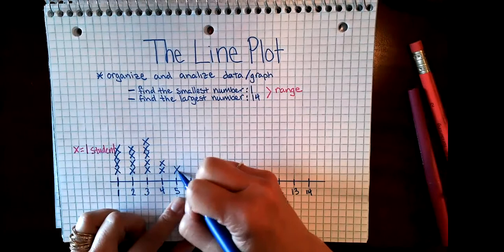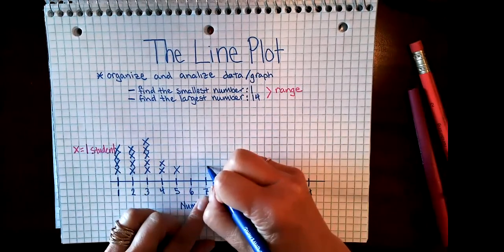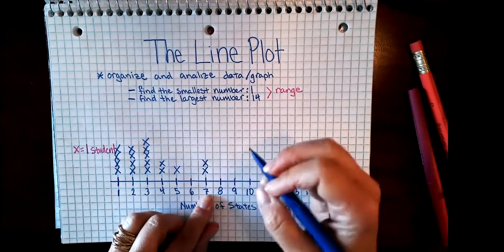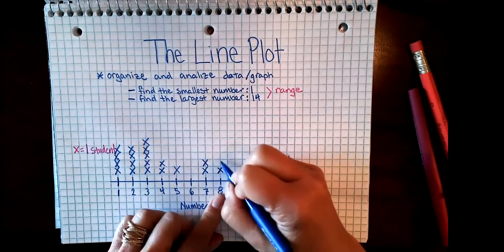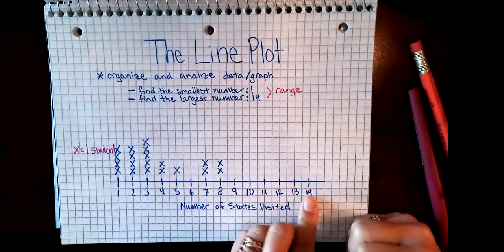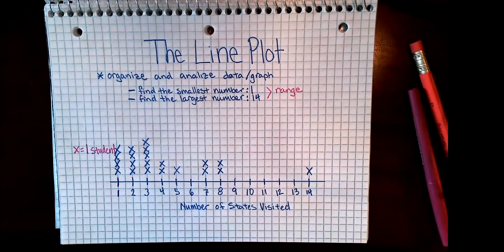Only 1 student that visited 5 states. And we had 2 students that visited 7 states and 2 students that visited 8 states. And then we had 1 student way out here that visited 14 states.